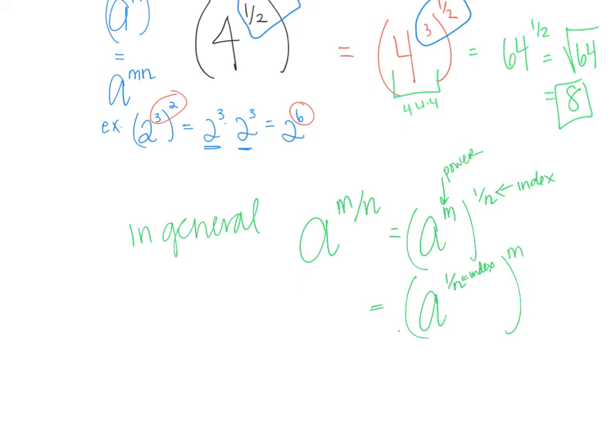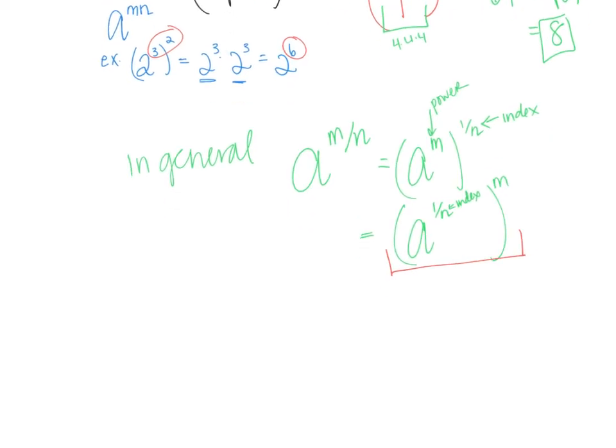I normally like to work this last way because then you're starting to have smaller numbers. So for example, let's try one more example here, 27 to the 4/3 power.